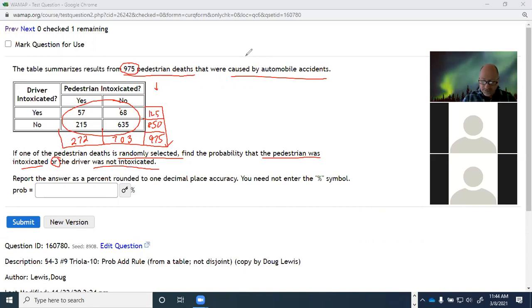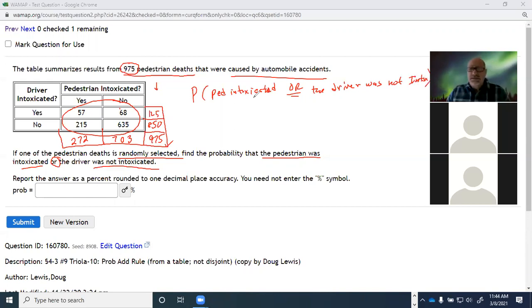Okay, so I'm gonna write that up here. This is the probability that the ped was intoxicated OR the driver was not intoxicated. Okay, abbreviate that. Now, you want to pay pretty close attention to this.